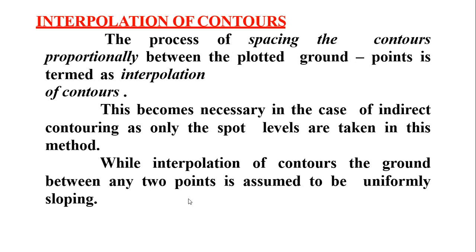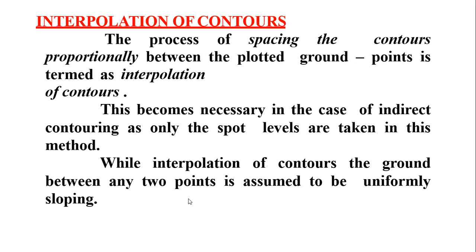Interpolation of contours is a very important topic because in the indirect method you have to adopt interpolation for calculating the points of equal elevation. The process of spacing the contours proportionally between the plotted ground points is termed interpolation of contours.